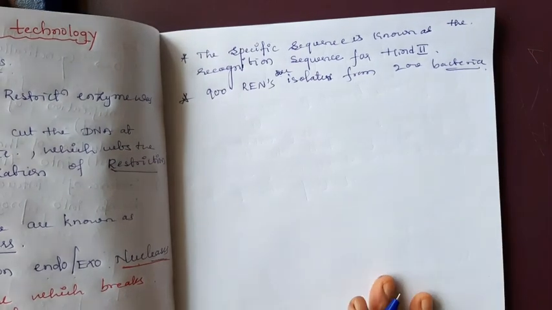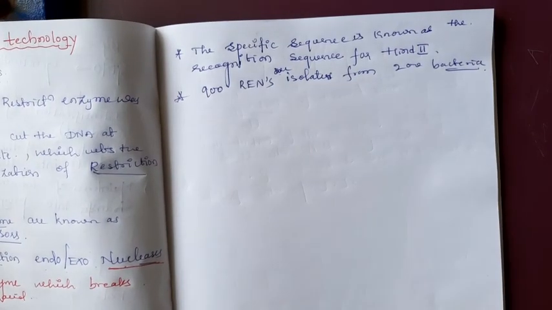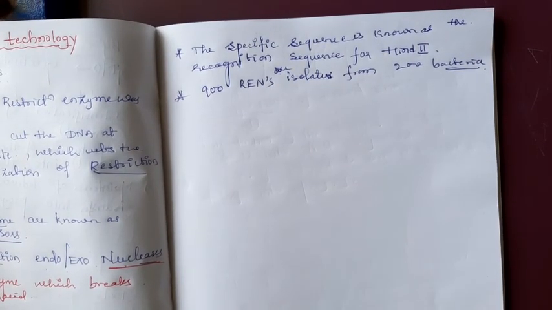Okay, means each restriction enzyme has specific recognition sites in the DNA.